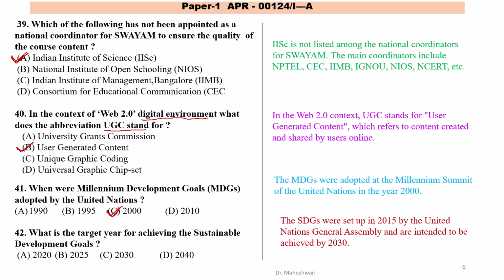The Sustainable Development Goals were set up in 2015 by the United Nations General Assembly, and they are to be achieved by 2030. So from 2015 to 2030, that is 15 years. You should know this. Read more about the Sustainable Development Goals, because some other question may be asked in the next exam.